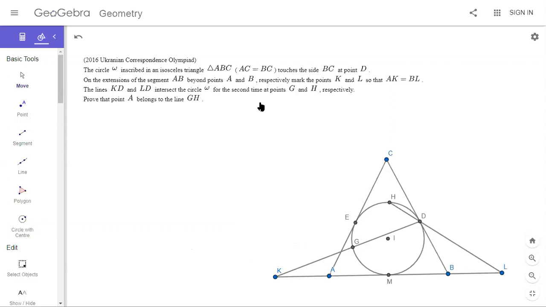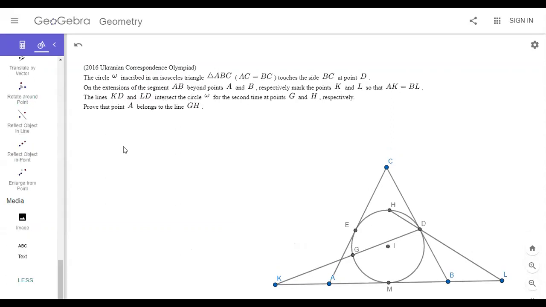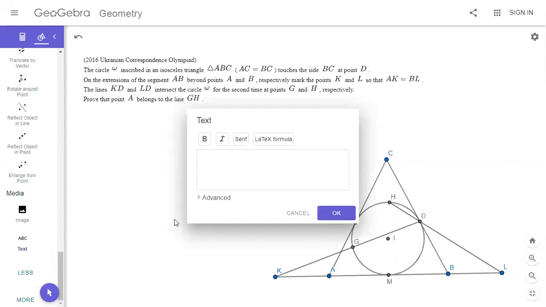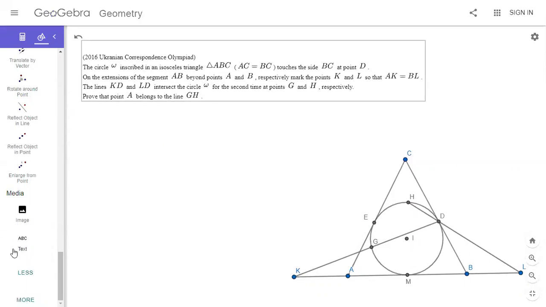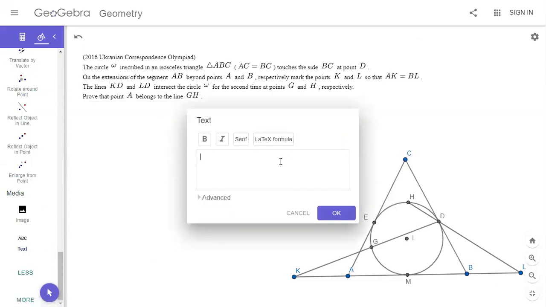All right, so projecting, we have M is the midpoint of KL.